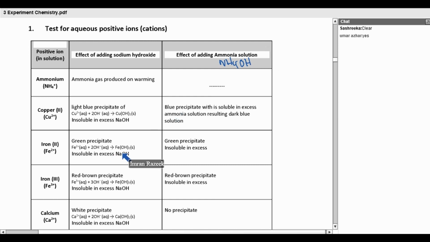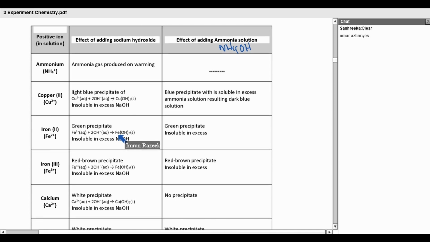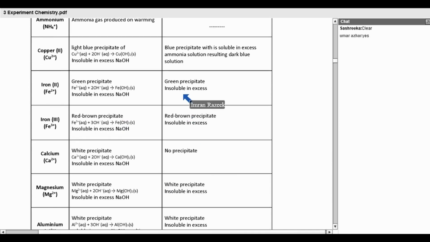The next is the test for ferrous. Fe2 plus is ferrous, Fe3 plus is ferric, right? That's the difference. For ferric, we add the suffix ic when the oxidation number is high. So this is ferrous and that is ferric, right?